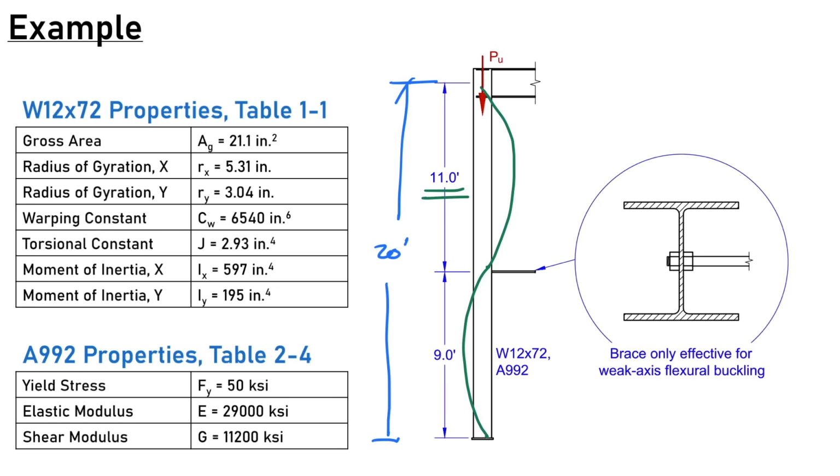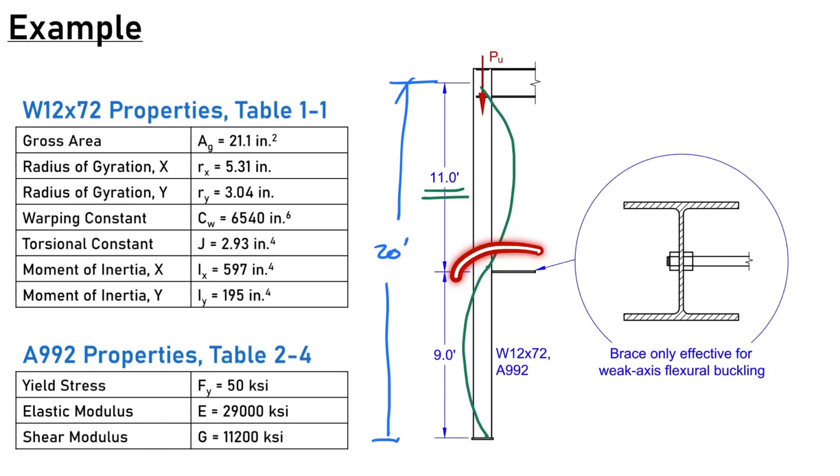For strong axis buckling, there is no brace for this particular example, so we're going to use an unbraced length of 20 feet. And for torsional buckling, we would also use an unbraced length of 20 feet because this bar, we're going to assume, cannot restrain any twisting of our column.